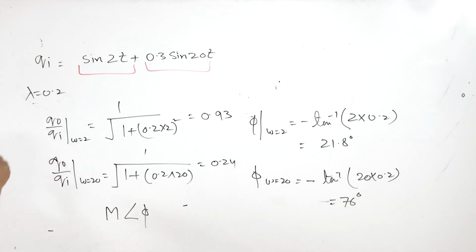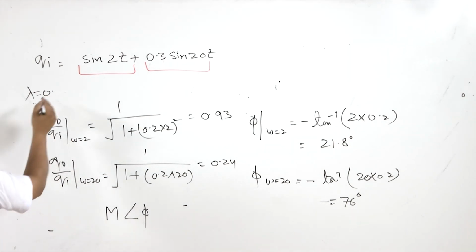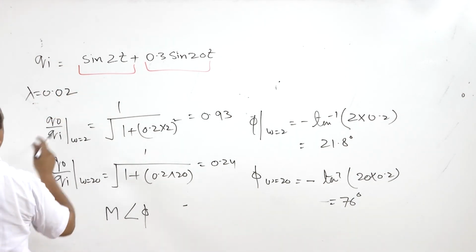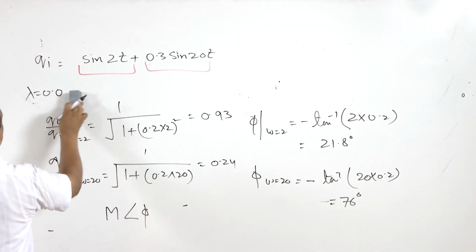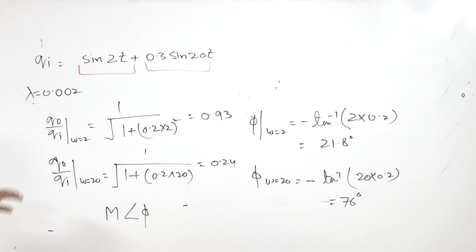Now, if I change this lambda from 0.2 to 0.02, or let us take it further to 0.002, then this amplitude ratio will improve.